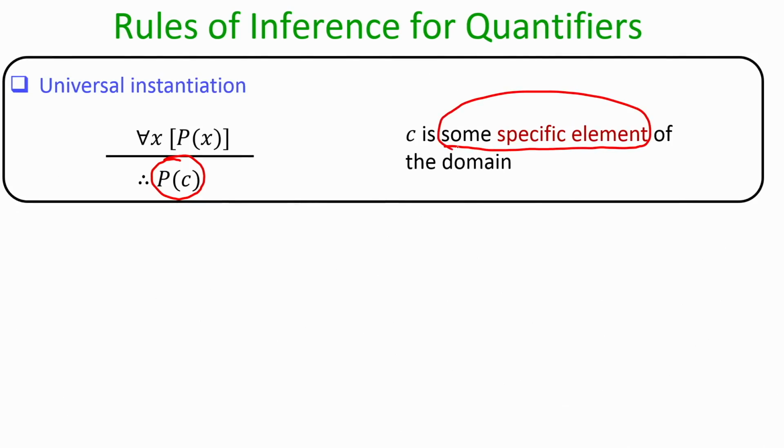And this is because since the premise for all x p of x is true, that means property P is true for every x in the domain. So, of course, it will be true for the element c as well.